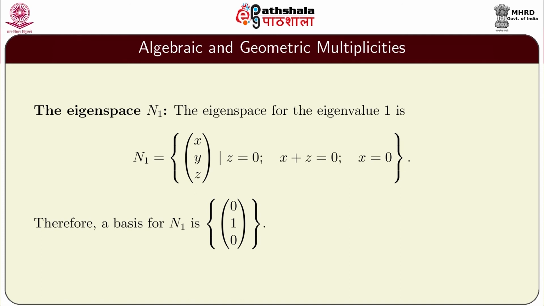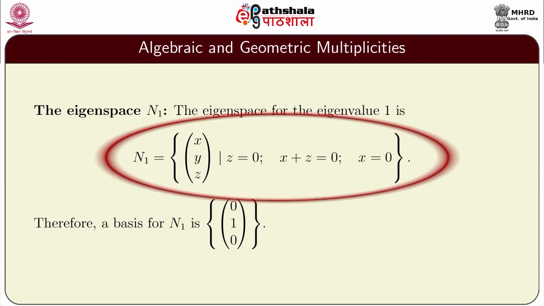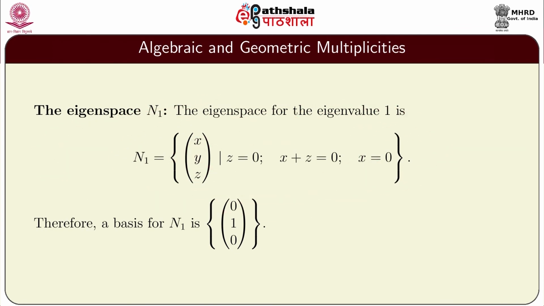Next, N1 is the kernel of A minus I, and it turns out that it is the collection of all those 3 tuples (x, y, z) such that they satisfy the system of equations z equal to 0, x plus z equal to 0 and x equal to 0. And therefore, a basis for N1 is just this singleton, the vector (0, 1, 0).